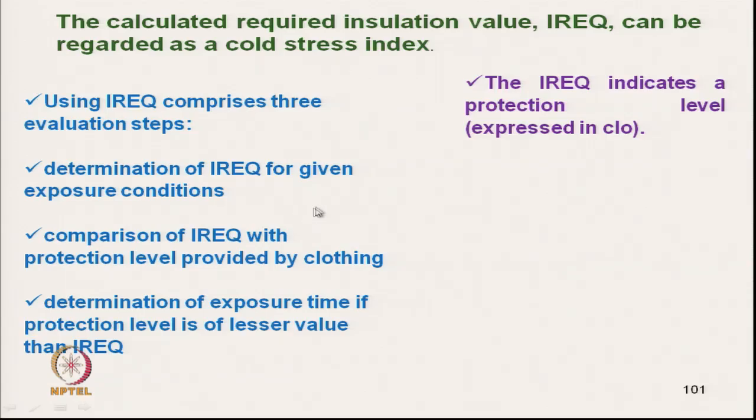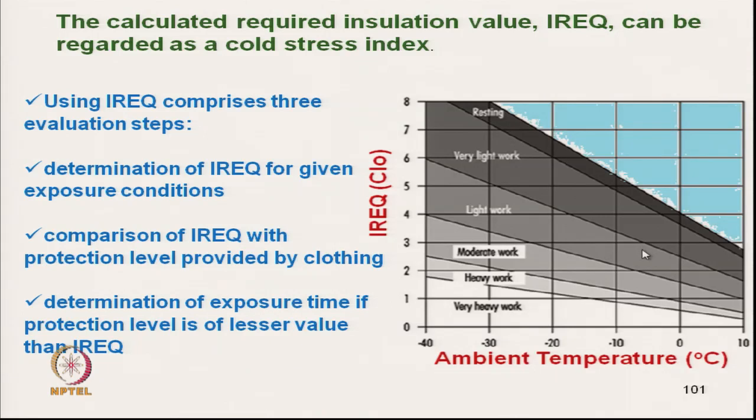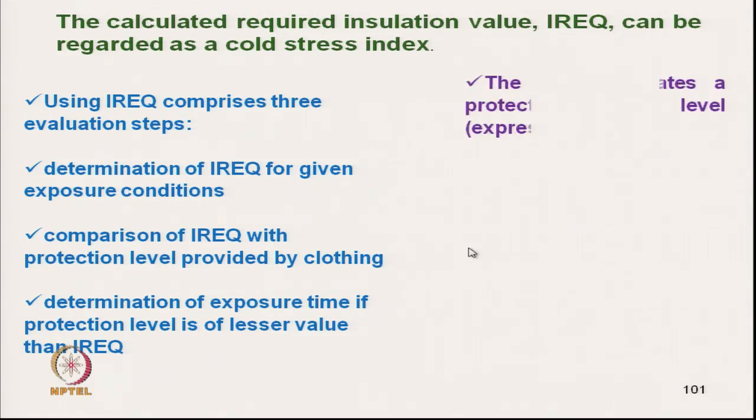The IREQ indicates a protection level. The higher the value, the greater the risk of body heat imbalance. That means a person at, say, an IREQ value of 2 will have a lesser threat of cold injury than a person at an IREQ value of 6.